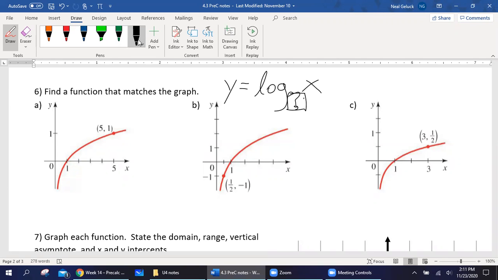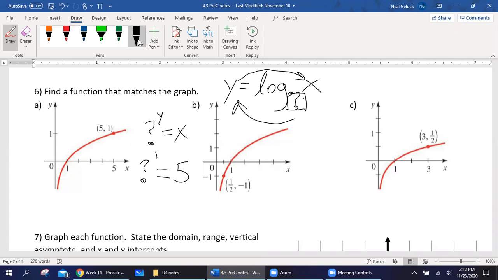So let's think of these as doing the loop-de-loop, because I think it's easier to think of them in terms of exponentials. So what we're saying is some question mark raised to the y is going to give me the x. So for 6a, something to the y here is 1, the point they give me is 5, 1, is going to equal 5.